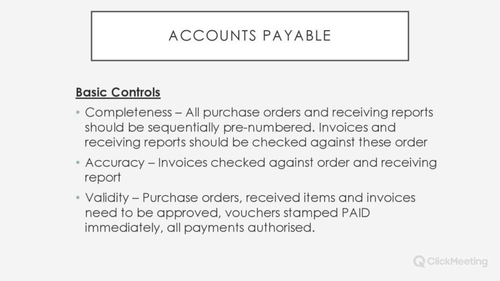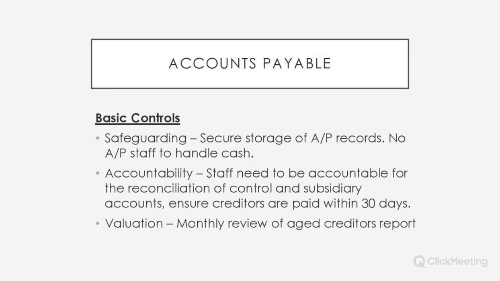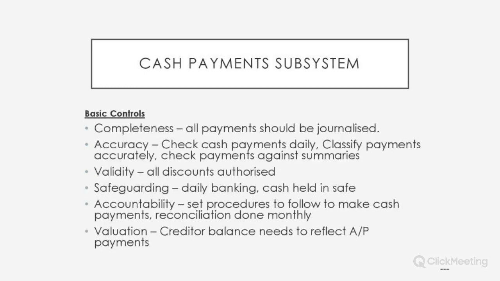Vouchers should be stamped paid immediately once the payment is made, and all payments should be authorized. For safeguarding, secure storage of accounts payable records, and no accounts payable staff to handle cash. For accountability, staff need to be accountable for the reconciliation of control and subsidiary accounts, and ensure creditors are paid within 30 days. And for valuation, a monthly review of the aged creditors report should be in place.